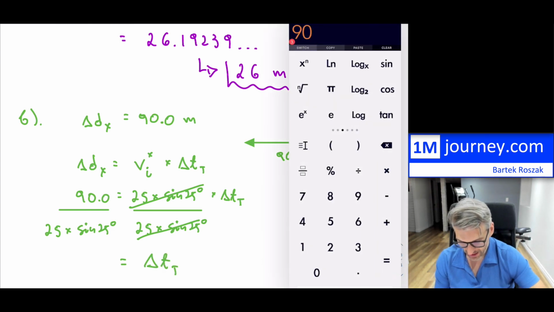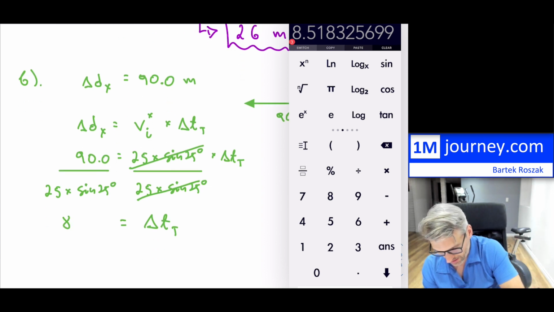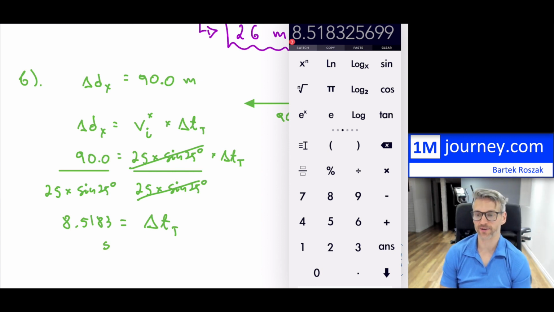That's 90 divided by, and I'll put this all in brackets, times sine of 25, equals 8.3 seconds, because everything is in meters and seconds here. So that's the total time.